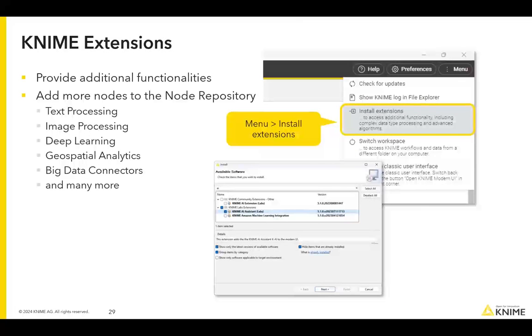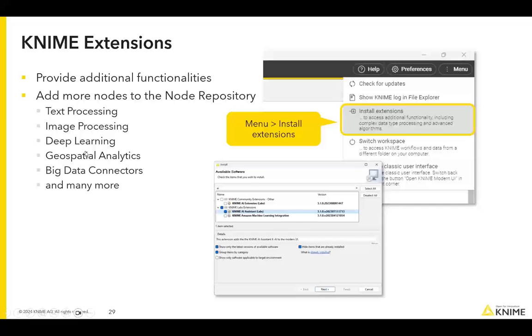And then also, when you install KNIME Analytics Platform, you will have the default nodes available there. There are many of them, but we also have extensions that you can install additionally. And those extensions allow you to do a bit more specialized tasks on your data. For example, if you need to process text or images, we have additional extensions for text or image processing, respectively.